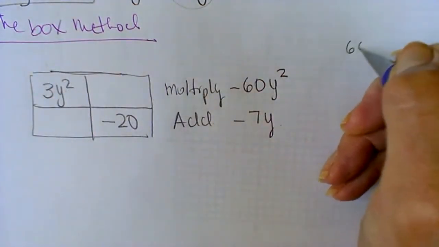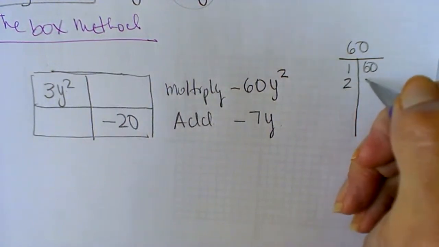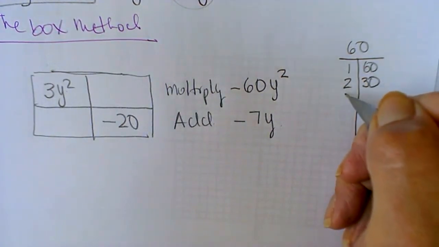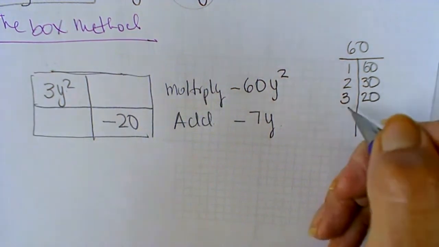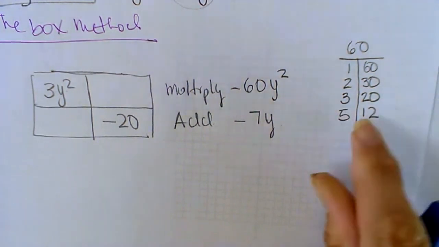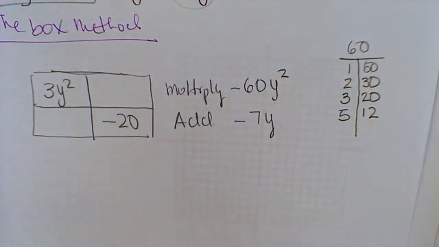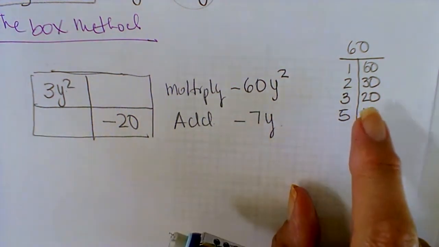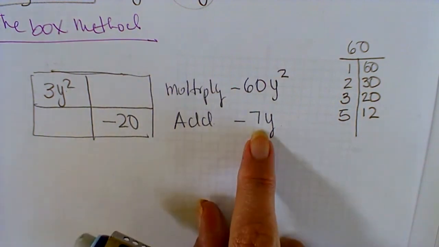We have 12 times 5 will be 60. And if I subtract 12 minus 5, that's going to give me a 7.